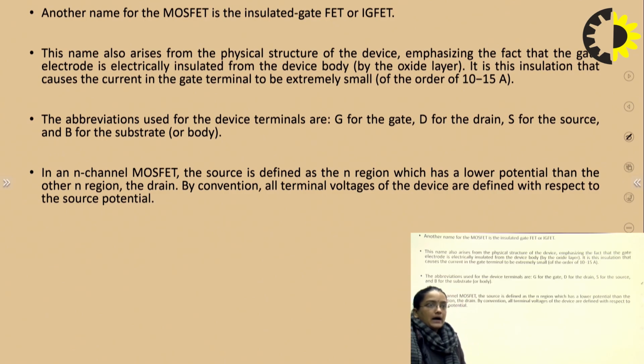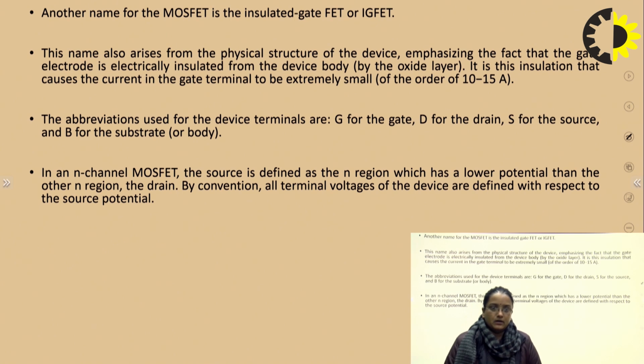Next, another name of MOSFET is insulated gate FET, or IGFET. MOSFET is also termed as IGFET, and sometimes, as we have seen earlier in your UT examination, they have asked for the description of the basic construction of IGFET, and the students get quite confused that it is not covered in the syllabus, but it is another name of MOSFET.